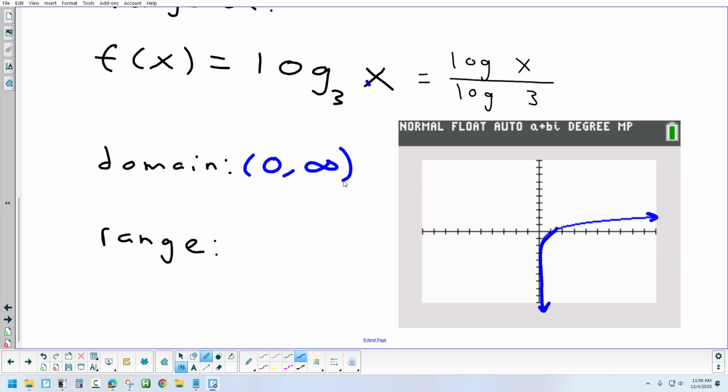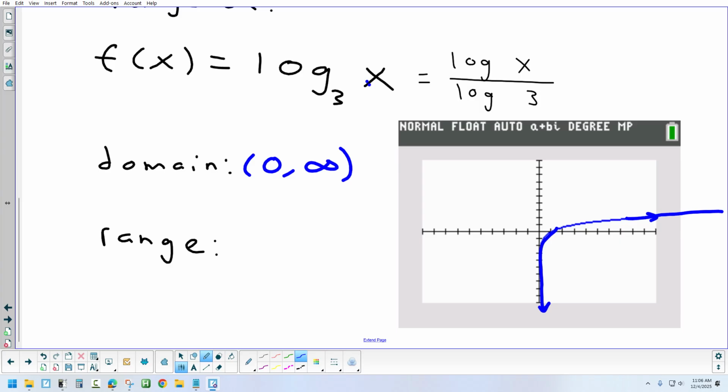How about the range? What's the range? So you're saying the graph goes down forever, but it doesn't go up forever. Yeah, it's negative infinity to infinity because this part is just going to keep going like this.